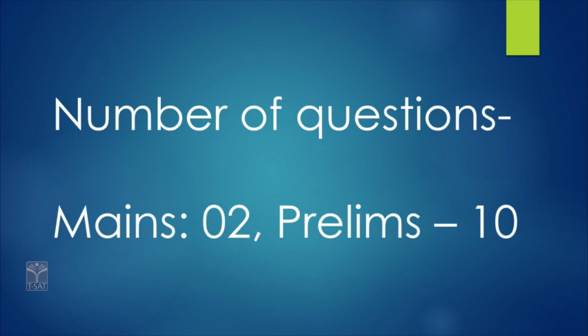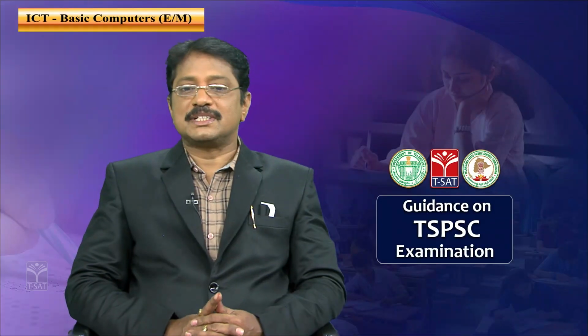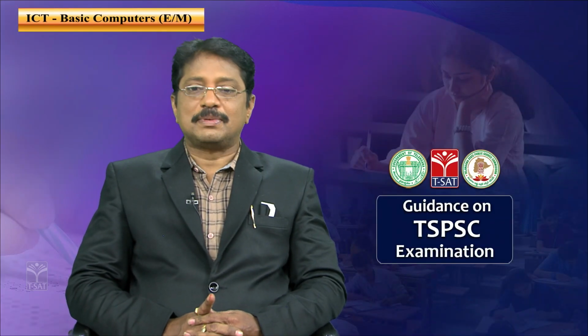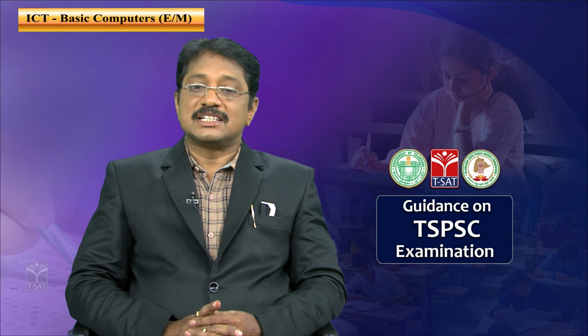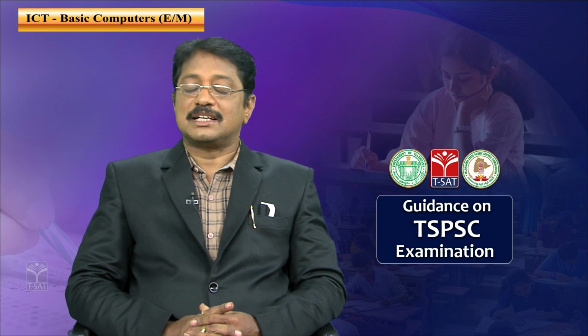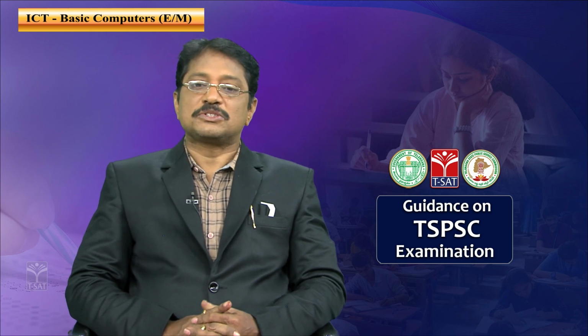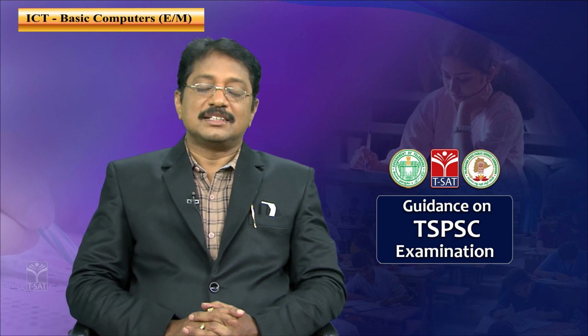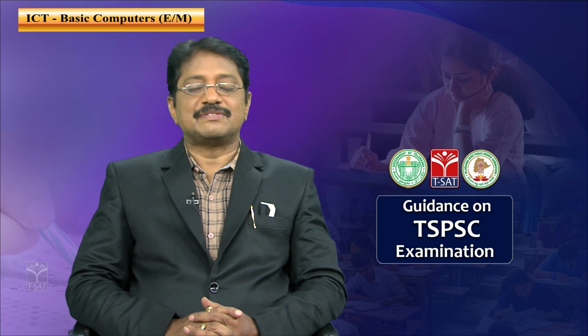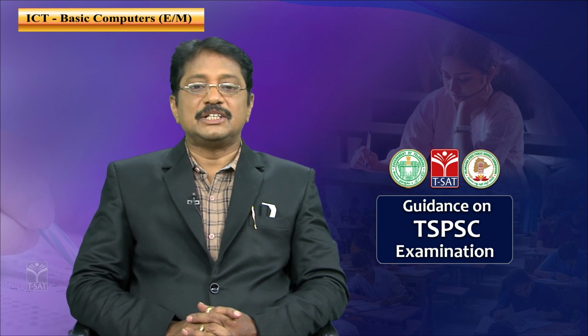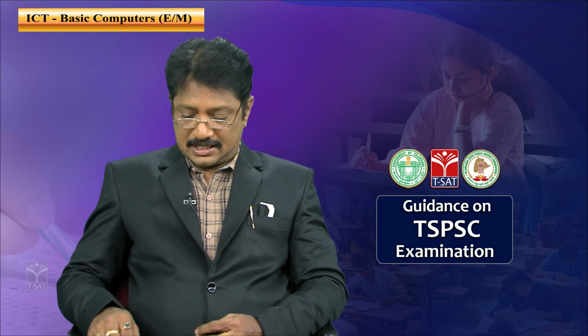So, you can understand the importance of this: the percentage is 10 by 150, approximately nearly 7% of questions come from this area only, clear? So, this is very important. Definitely you have to concentrate on this area.